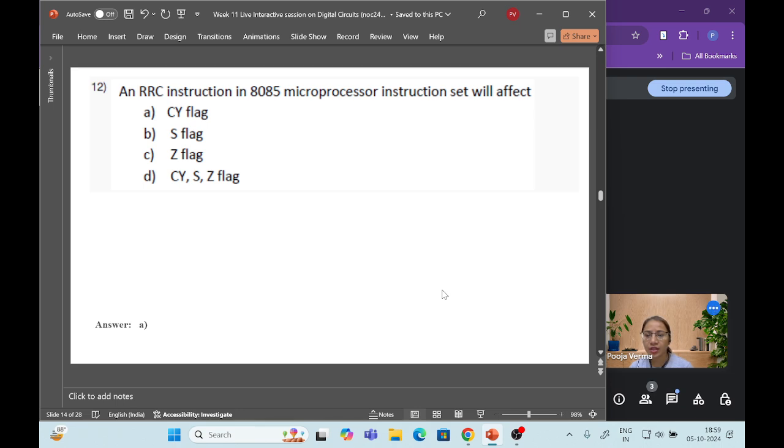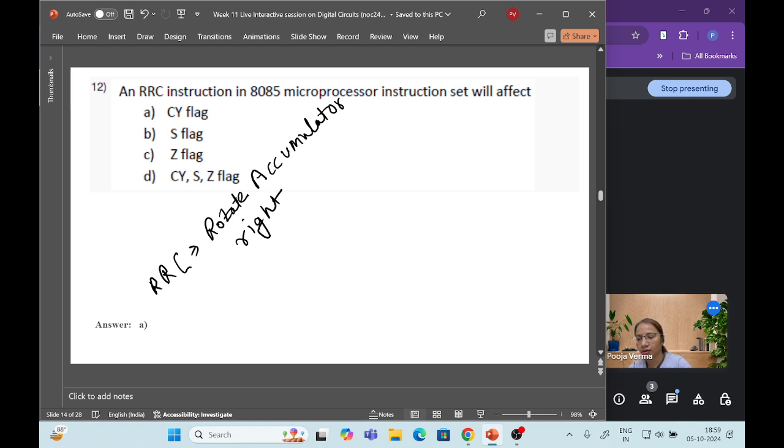Next question is: an RRC instruction in the 8085 microprocessor instruction set will affect which flags? RRC stands for rotate accumulator right.